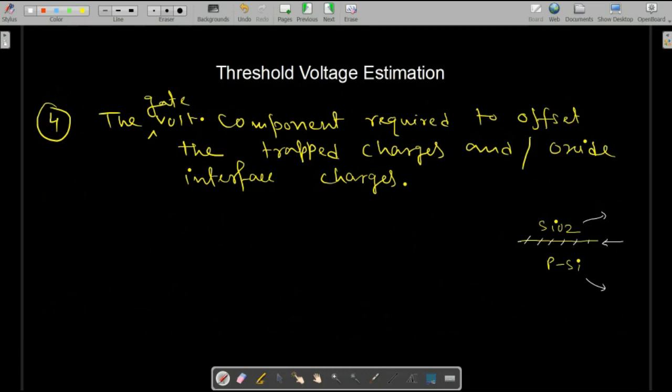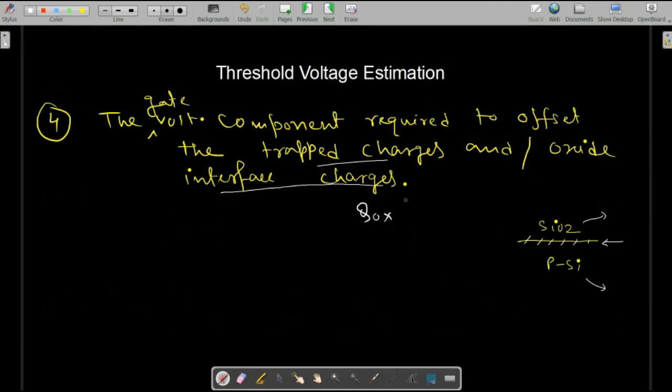That total charge, including the electrically active defects inside the oxide as well as the charge due to the strain from the crystal mismatch, we can say is QOX. So QOX is the total amount of charge due to the trapped charge and the oxide interface charge.